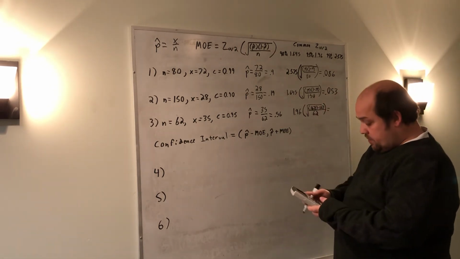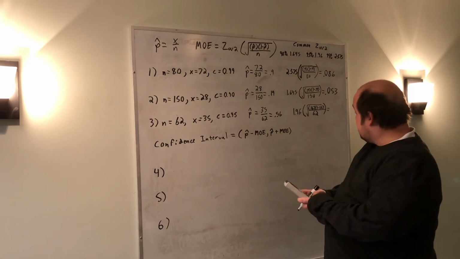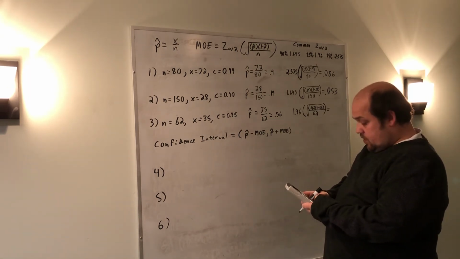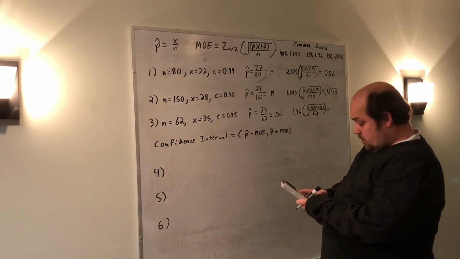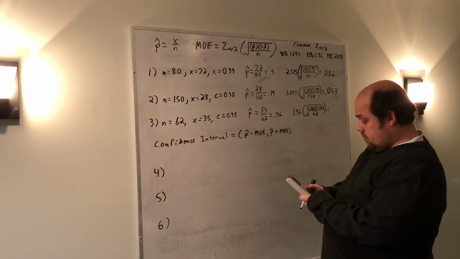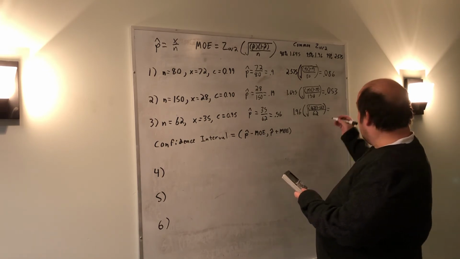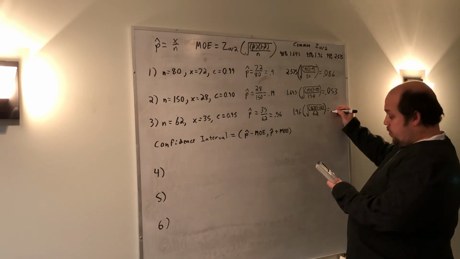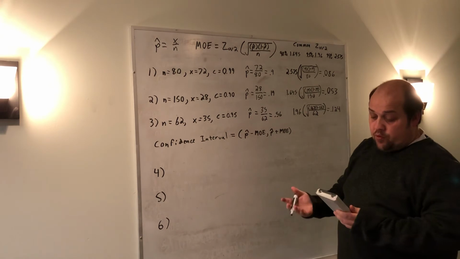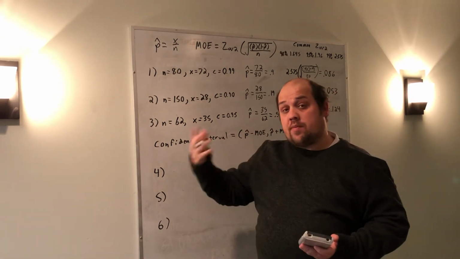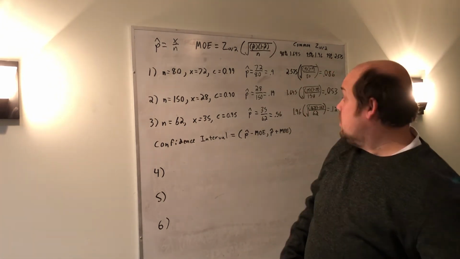When I put that all in my calculator, 1.96 times the root of 0.56 times 1 minus 0.56 divided by 62, all under the root, that gives me 0.124. Really, it was 0.1235, but since I'm dropping the 5, I round up to the 4.